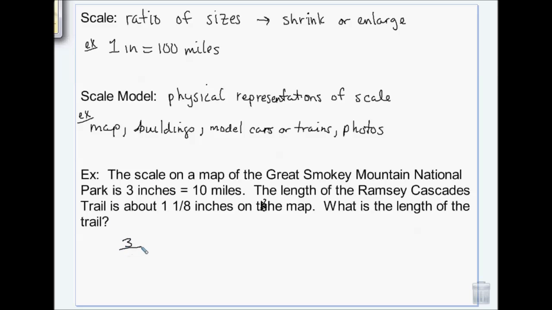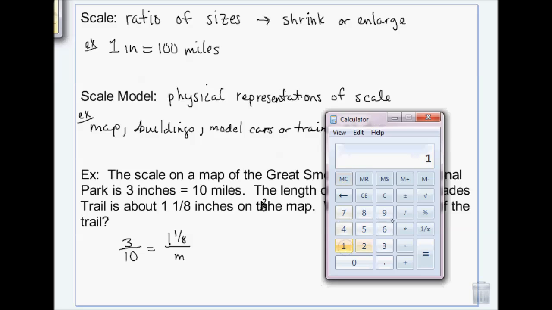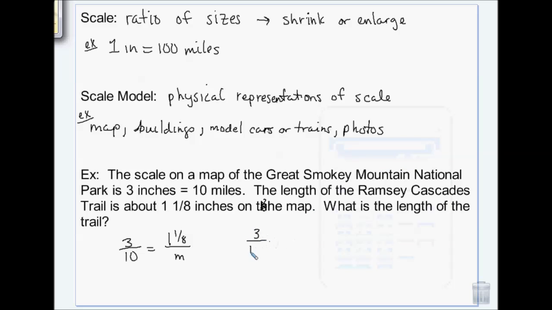So we're going to put inches over miles is equal to inches over some unknown amount of miles. Let's use m for miles. I don't want to multiply 1 1/8, so I'm going to convert that to a decimal. So instead I'm going to do 3 over 10 is equal to 1.125 over m.